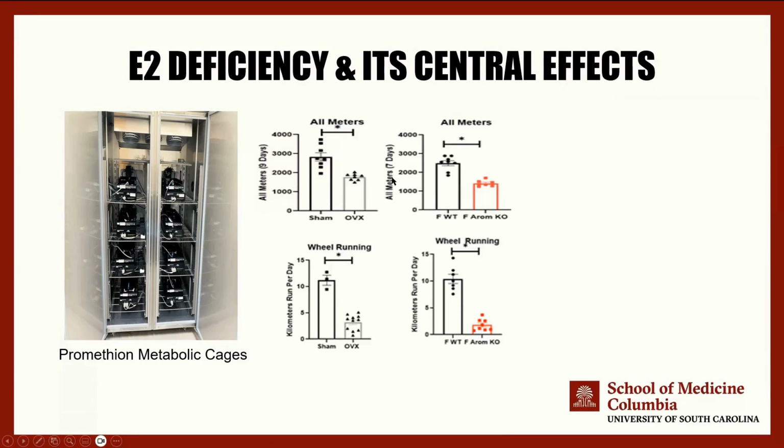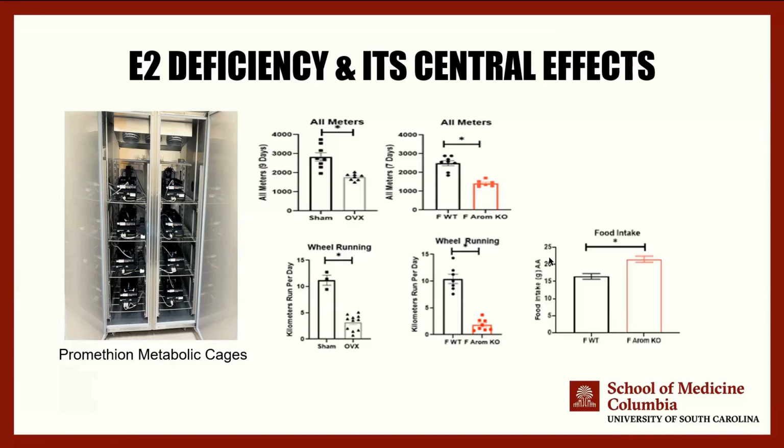Now, if you give them access to running wheels, and mice like to run, especially during the dark cycle, wheel running is dramatically decreased in both the OVX and the aromatase knockout mice, suggesting that there is a central effect at play. Also, food intake is increased in the knockout mice.